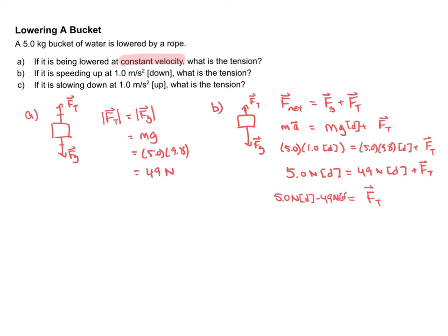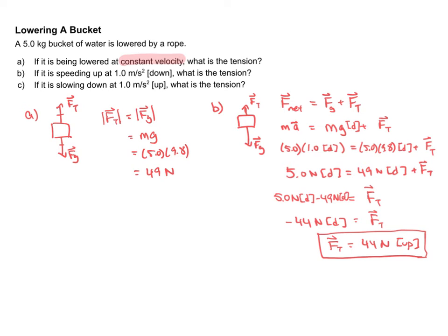So 5 minus 49 is negative 44 newtons down, or 44 newtons up. So that's how I would do it if I left everything as a vector.